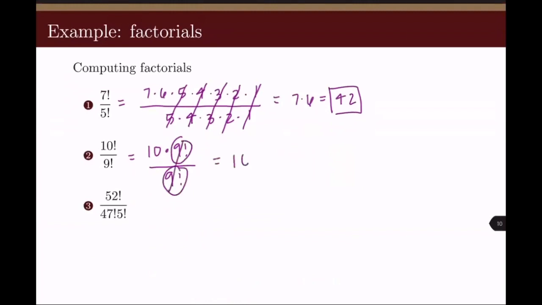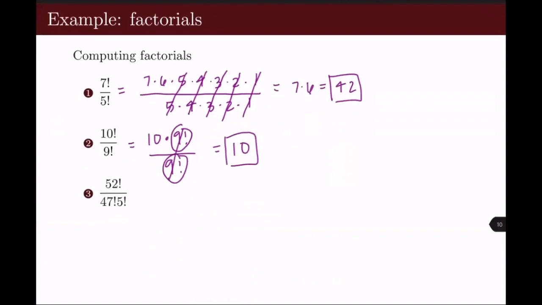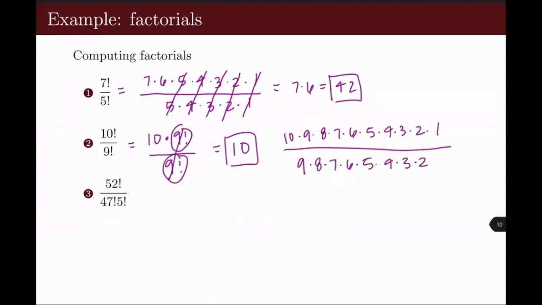So this is just equal to 10. If you wanted to list them all out, I will show you that too. You can see either way we're going to get 10.